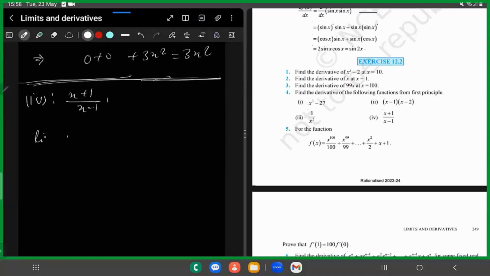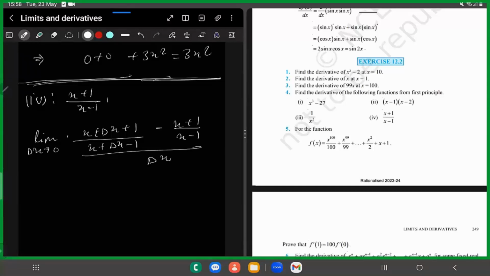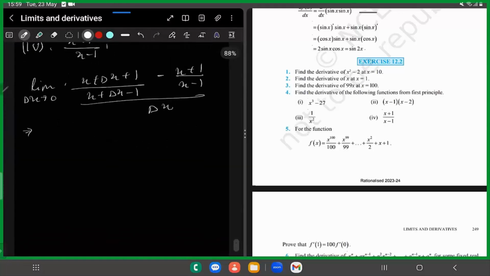So this is limit delta x tends to 0 of (x plus delta x plus 1) by (x plus delta x minus 1) minus (x plus 1) by (x minus 1), all by delta x.